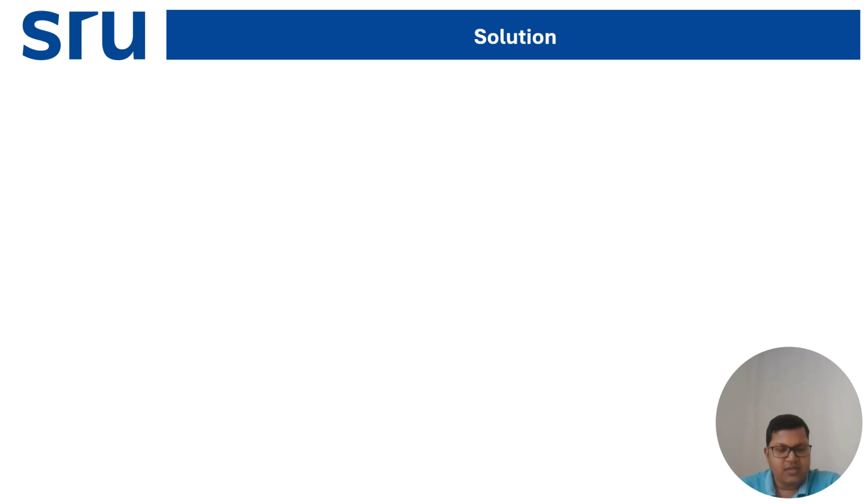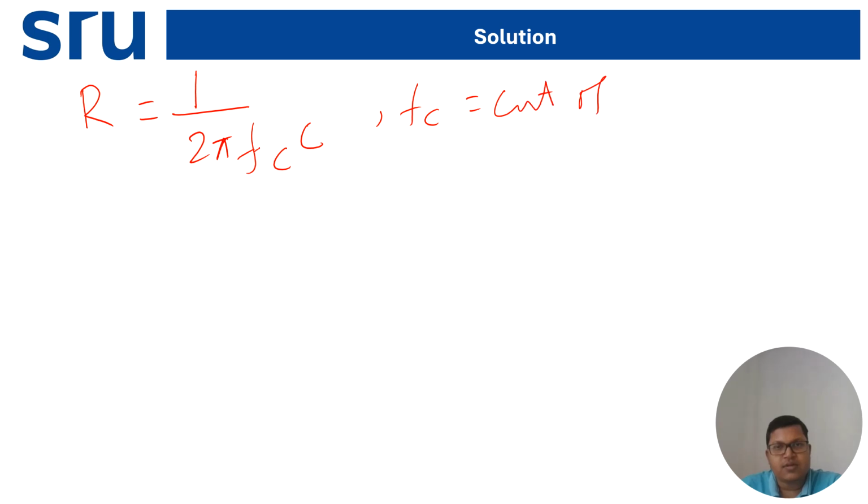As we know, the formula for this is R equals 1 upon 2 pi Fc C, where Fc is the cutoff frequency.